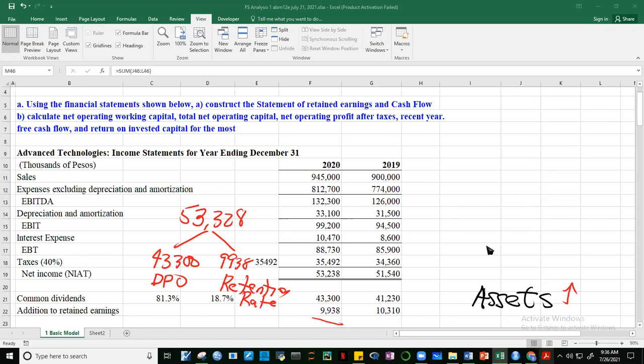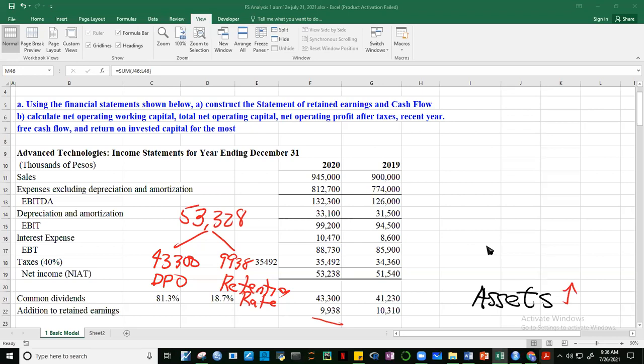Clue, guys, clue. Tingnan yung buong income statement. Look at the whole income statement. Sige, kaya niyo yan guys.